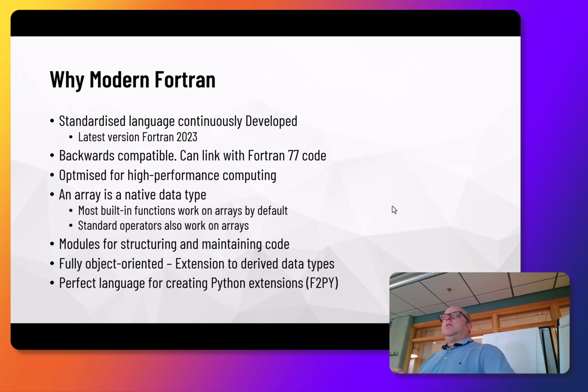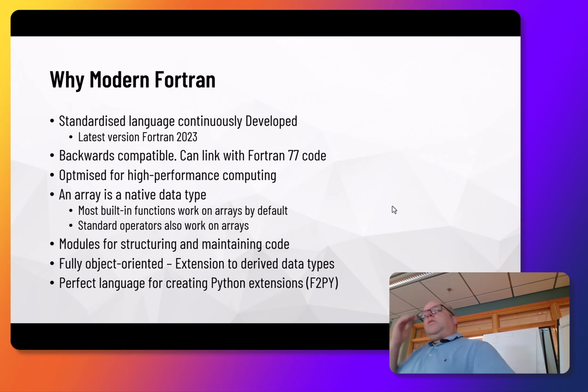In Fortran, you can define 1, 2, 3, and multi-dimensional arrays, and it's built into the language. It knows how to deal with those. Also, most of the functions in Fortran can be used on arrays by default. If you give the sine function an array, it will compute the sine of all the elements in the array, just like you do with NumPy in Python.